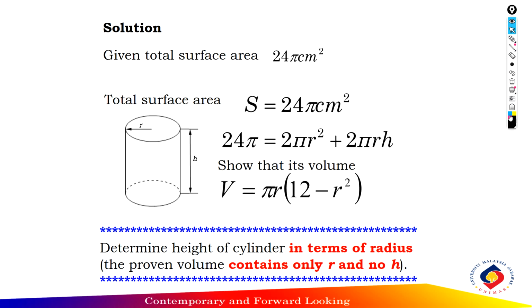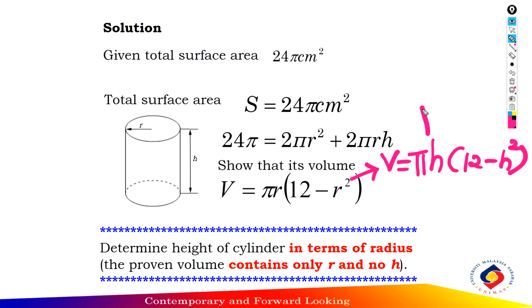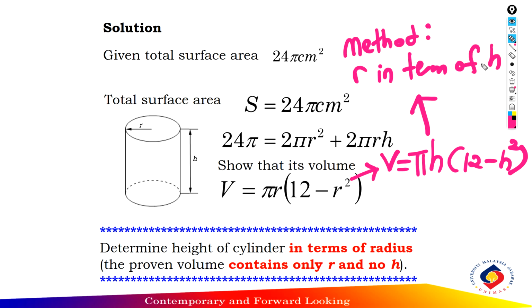If I change this question so the volume is in terms of height, πh times (12 minus h²), then the method is to write down the radius in terms of the height.